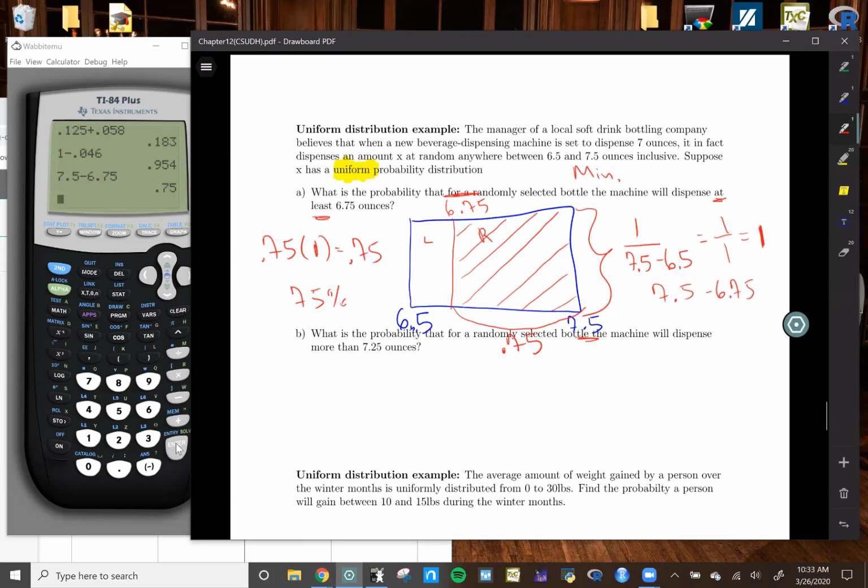All right. So let me do B. For B, it says, what is the probability that for a randomly selected bottle, the machine would dispense more than 7.25 ounces? So let me draw this again. Here goes 6.5. Here goes 7.5. Here goes 7.25. If we want to dispense more than 7.25, which side should I take?